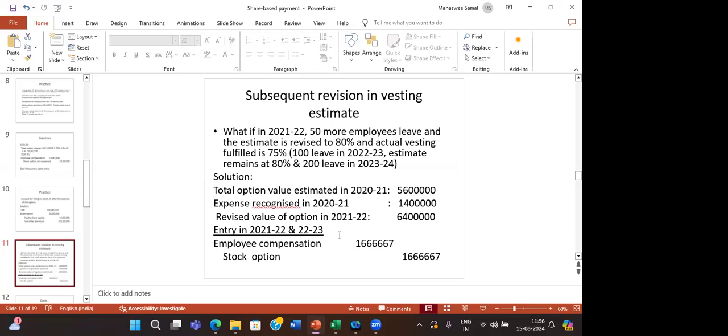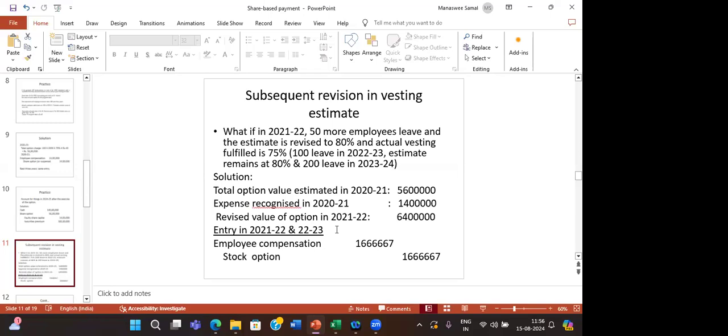So 1600 into 100 plus the fair value of the option on grant date is 40. We are not going to take the fair value of the option on 31st March 2022, but the grant date was in the previous year. That date we are just adhering to. That's what is told in the GAAP.